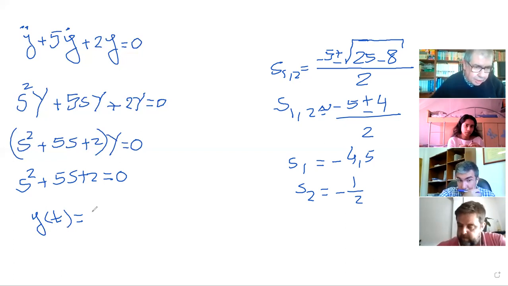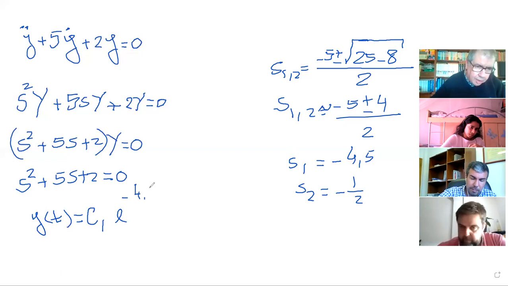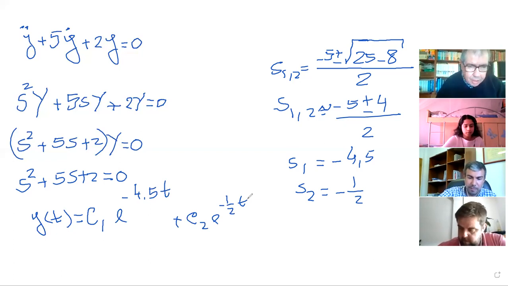So you have a constant, let's call it C1, exponential of minus 4.5t plus another constant exponential of minus 1/2t. Do these solutions go to 0 or not?